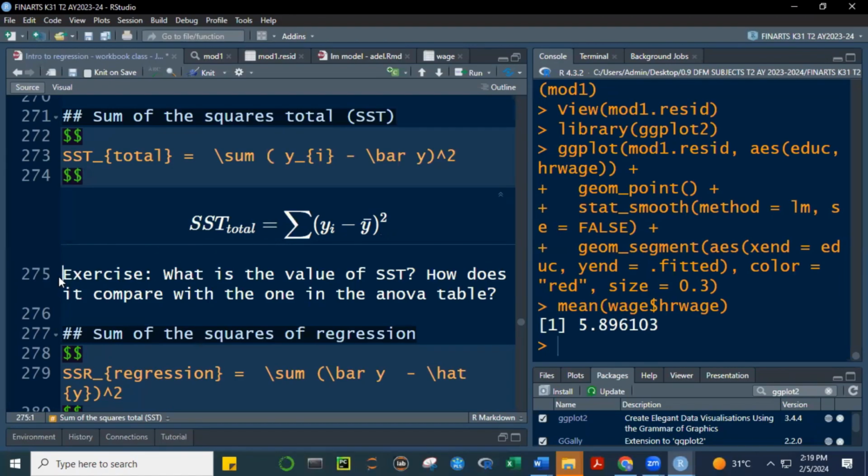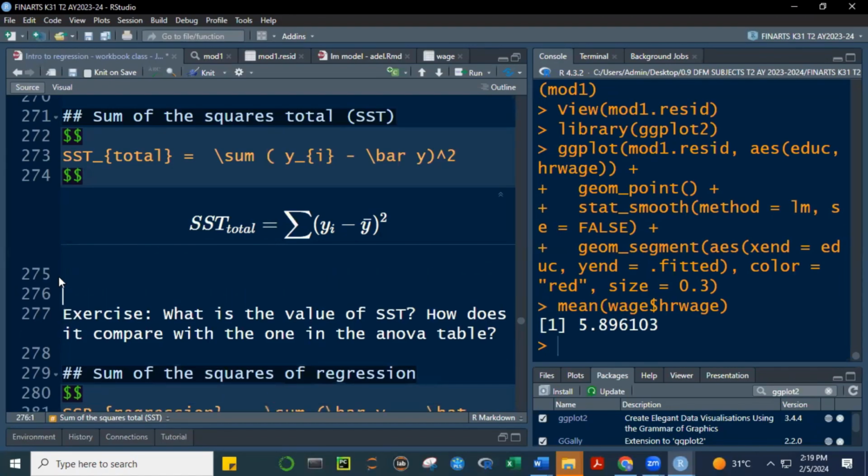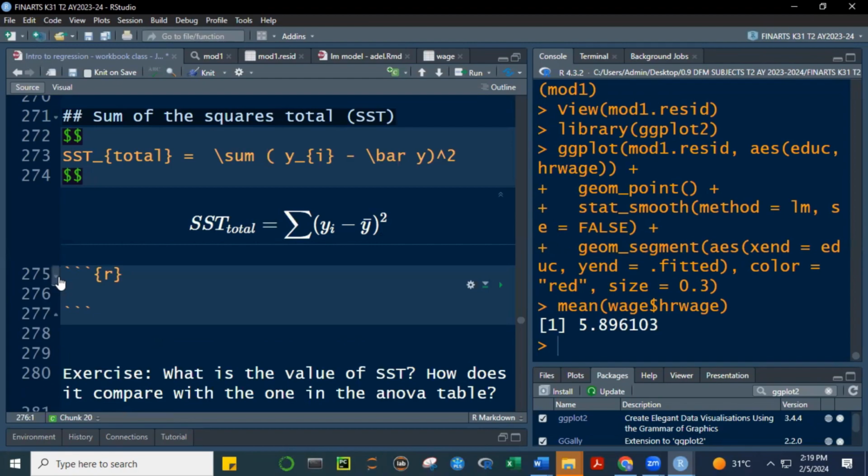So, ang tanong ko sa inyo, class, what is the value of SST? We'll end in this. What is the value of the sum of the squares of your error terms? Ang dali niya, class. Kasi kukunin lang natin, class, una, what are your y sub I? Ano yung y sub I natin?